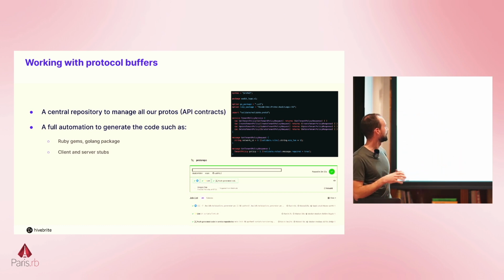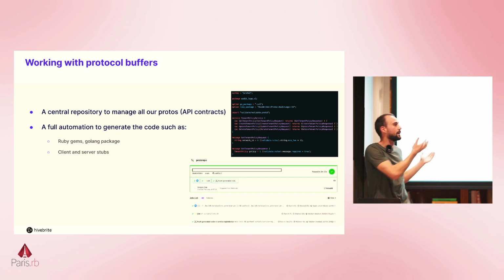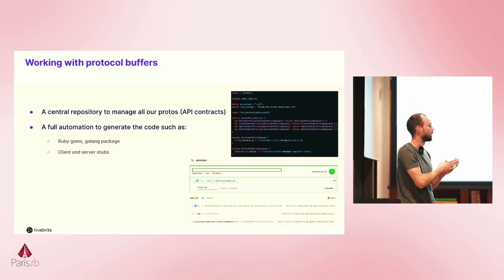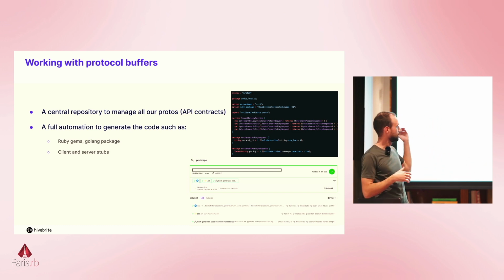You have some messages. Messages are basically the DTO. Actually our DTOs are stored in the monolith. But maybe one day we will rely on protocol buffer to generate our DTOs from this kind of structure, in Ruby, in Go, in any language, because you can generate a lot of code with protocol buffer, which is super nice.